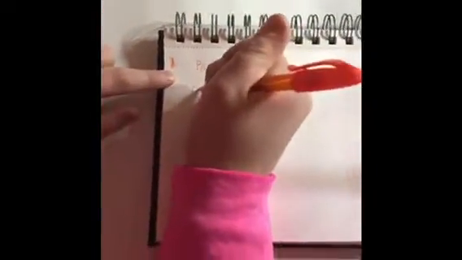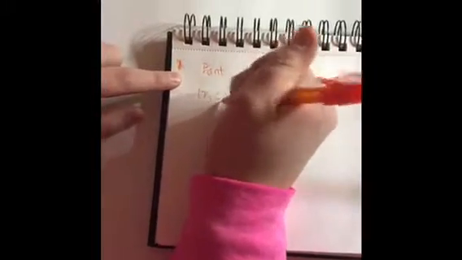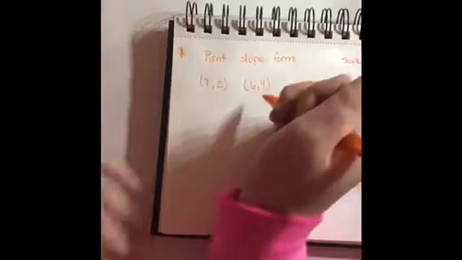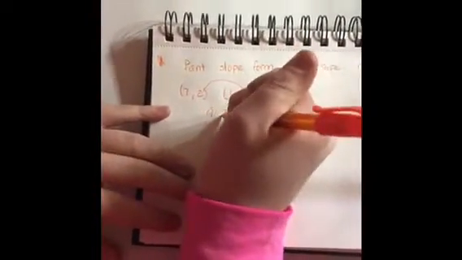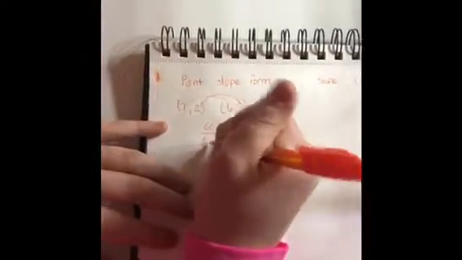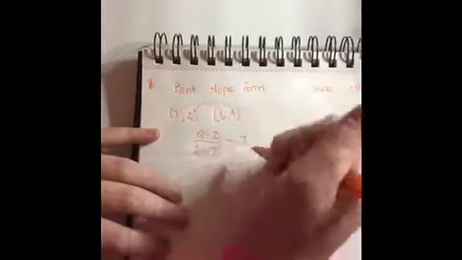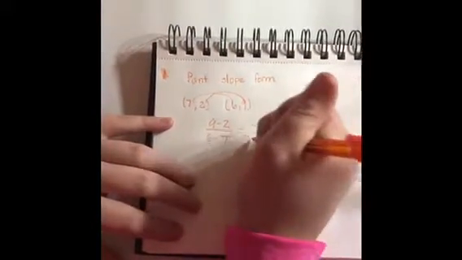So we have the two coordinates 7, 2 and 6, 9. So here you would do 9 take away 2 over 6 take away 7, which gives us 7 over negative 1.